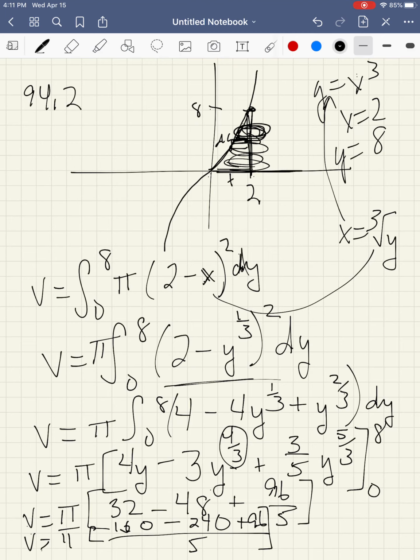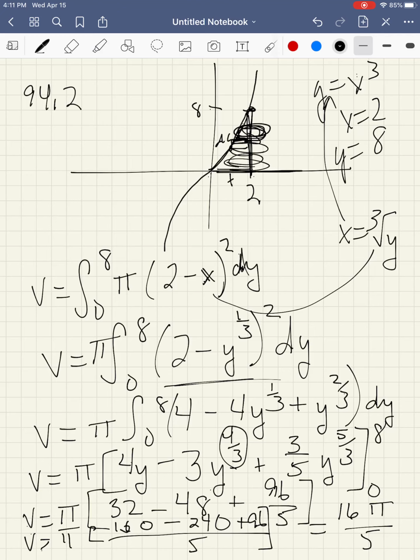Wow. 160 plus 96 would be 256, and 256 minus 240 would be 16 pi over 5.